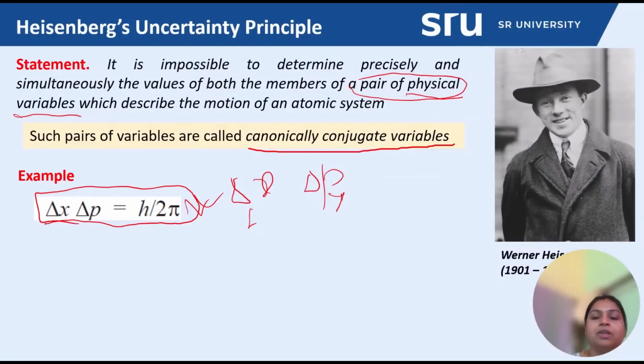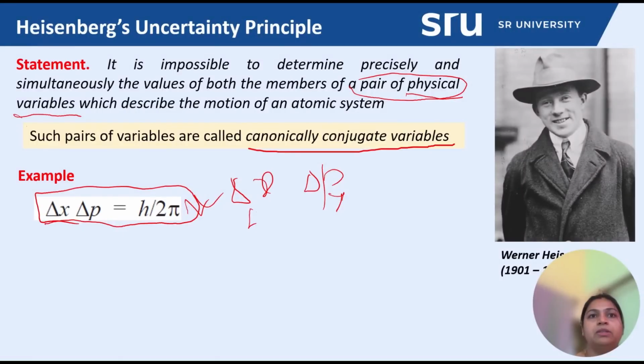It means that if one quantity is measured accurately, the other becomes less accurate, so no instrument can measure the quantity more accurately than predicted by the Heisenberg uncertainty principle.